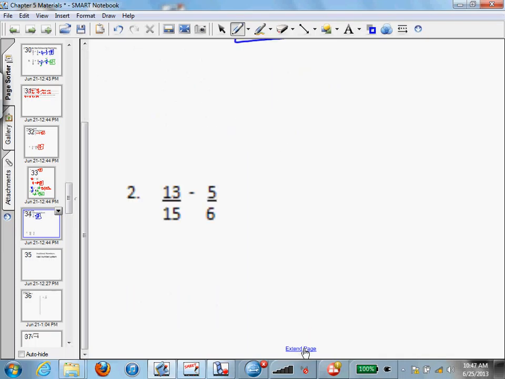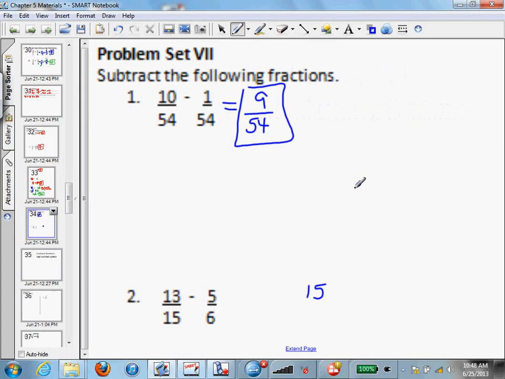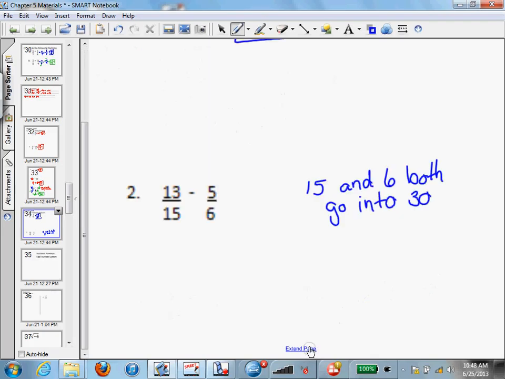And finally, for number 2, what you want to do is get common denominators. You have to think of a number that both 15 and 6 will go into. So if you do that, 15 and 6 both go into 30.